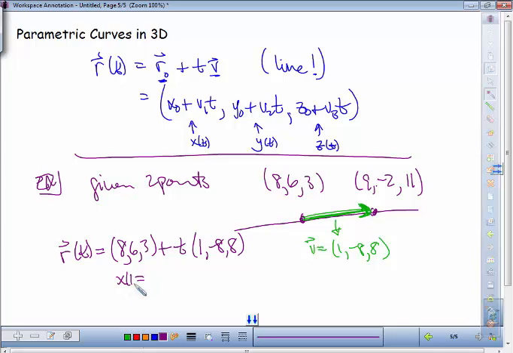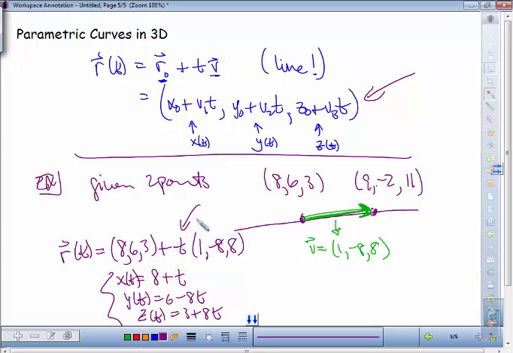Actually, let me write it x of t equals 8 plus t, y of t equals 6 minus 8t, and z of t equals 3 plus 8t. So that's my parametric equation. I can write it like this in 3 equations, I can write it like this in 1 equation, in 1 vector with 3 components, or I can write it like this in pure vector form.